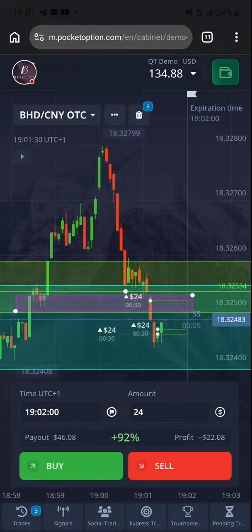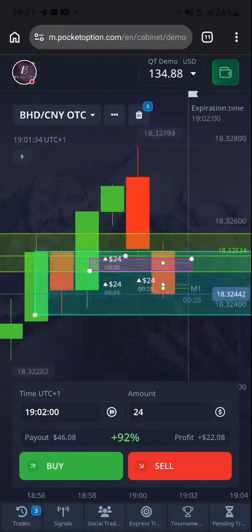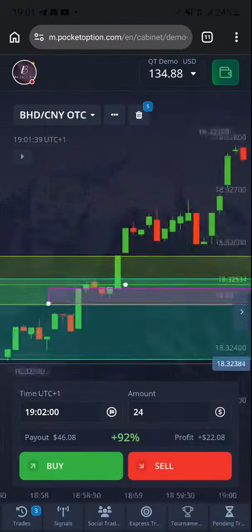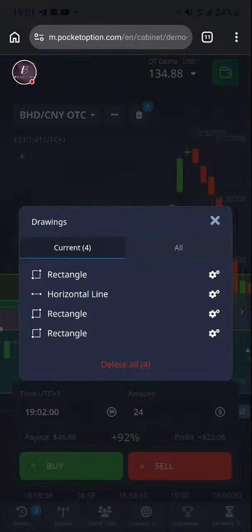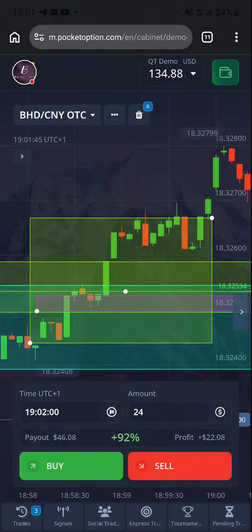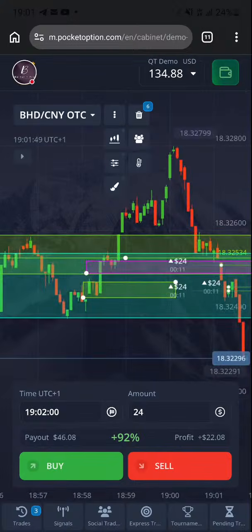This is a good place to take the trade, so I'm not afraid. I'm expecting a pullback to the upside. Let's see. Though I didn't mark that S5 entry. There's an entry here. I should mark it so that you can see why I took the trade. This is the entry.